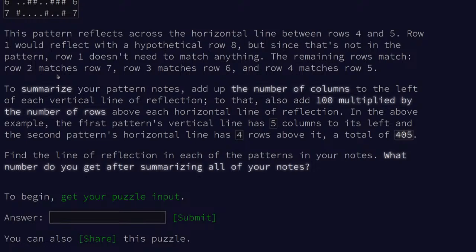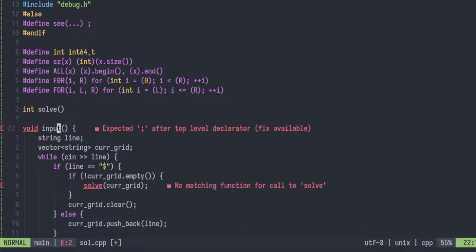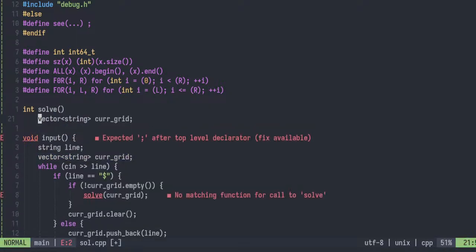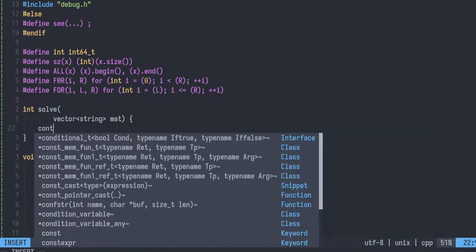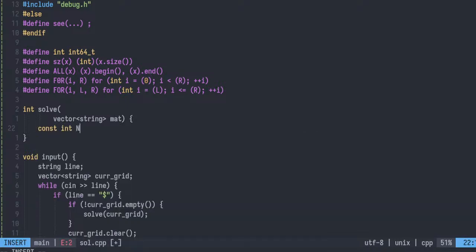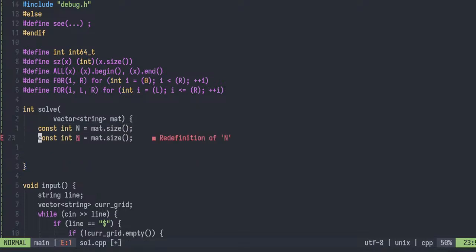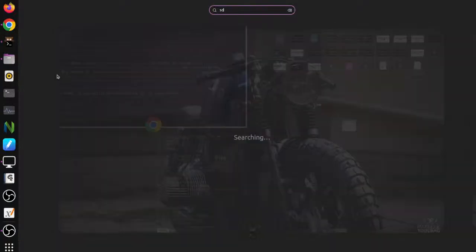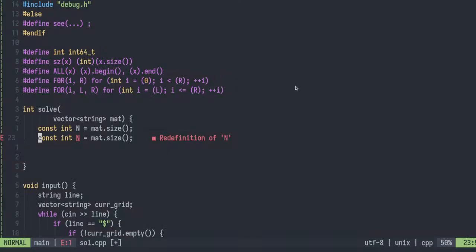What do we need to do? Return answer for solve. It's a mat, rows. I haven't enabled screen key today, I guess. Do that quickly.